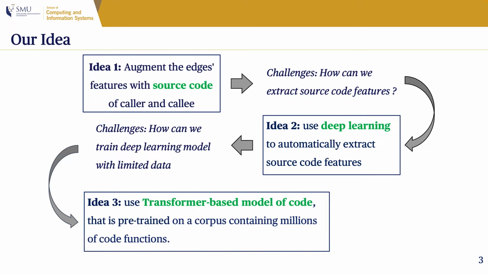So, to address this issue, we propose to use the transformer-based model CodeBERT that is pre-trained on a corpus containing millions of code functions. In this way, the model has basic knowledge about source code, and then we can easily transfer the knowledge to solve our problem.